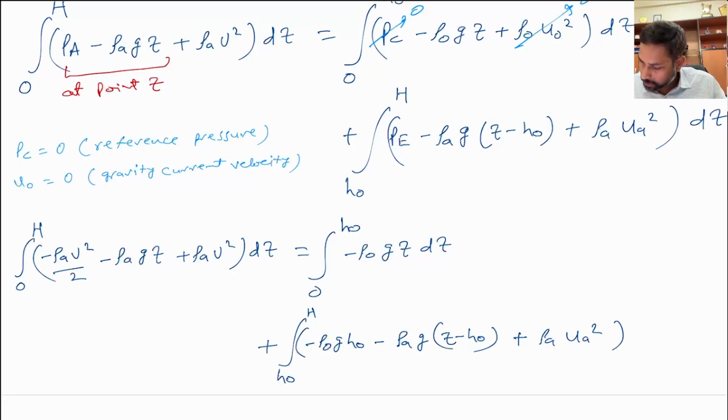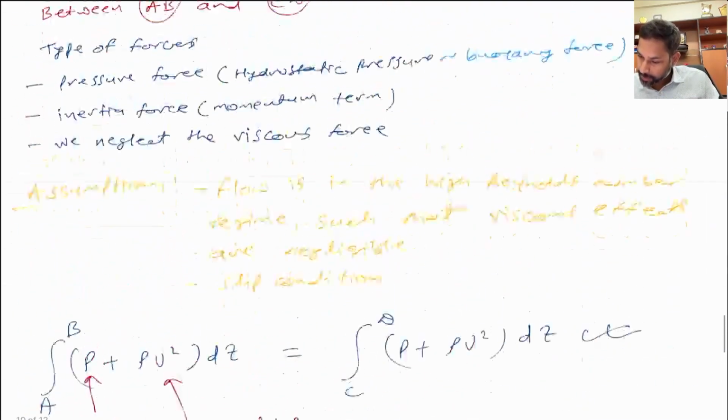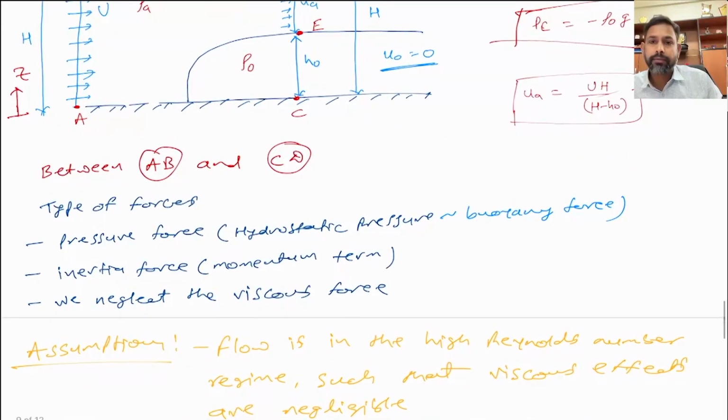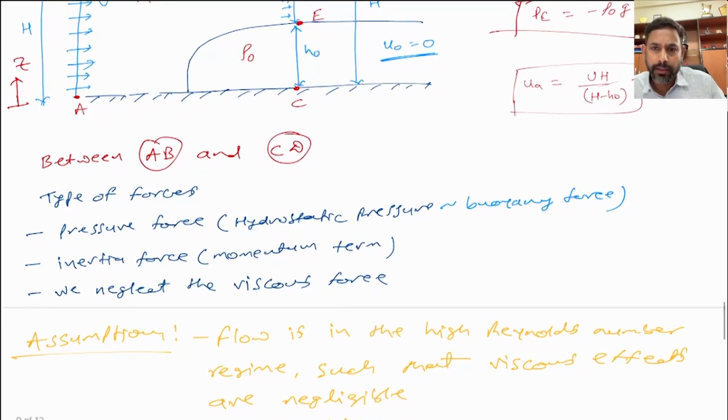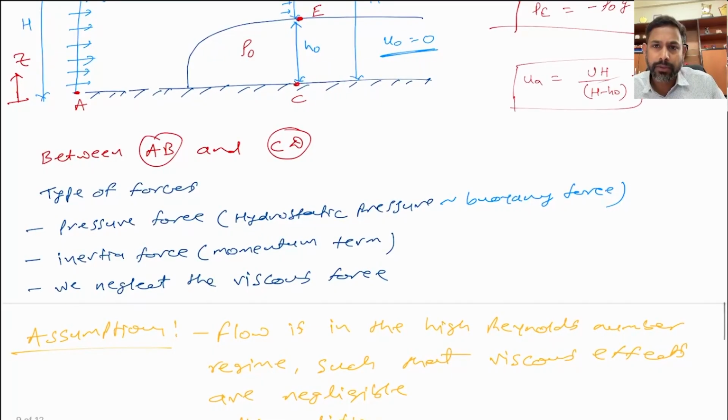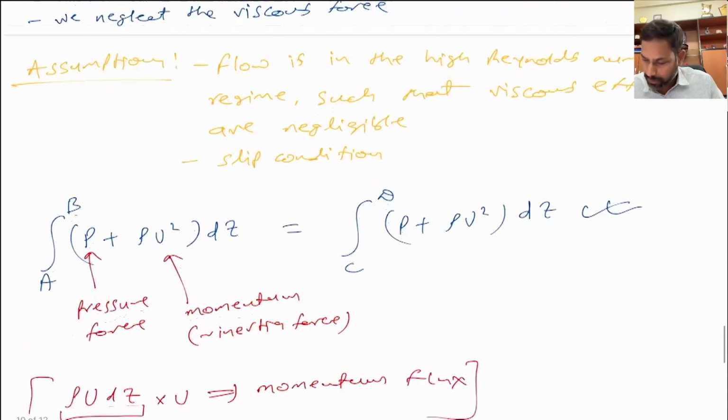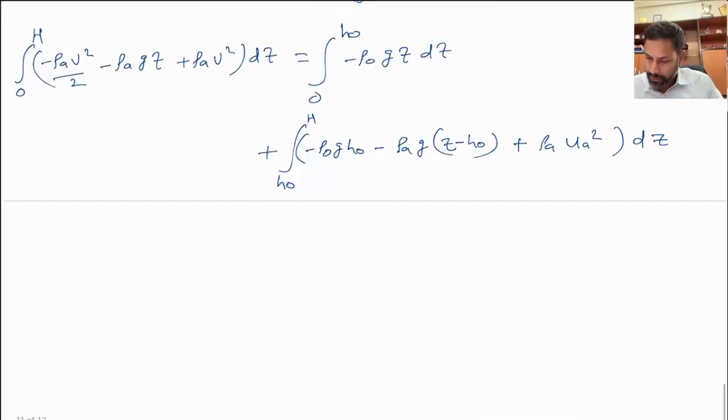We will not really replace it for now because ua does not really have either the density term or the small velocity term, because capital U and capital H are constant, so we are not really bothered about them at the moment.